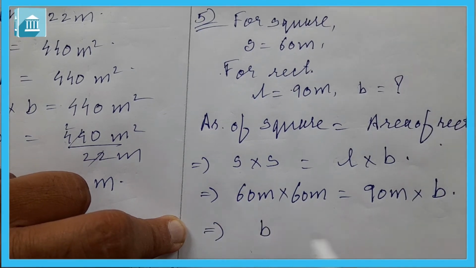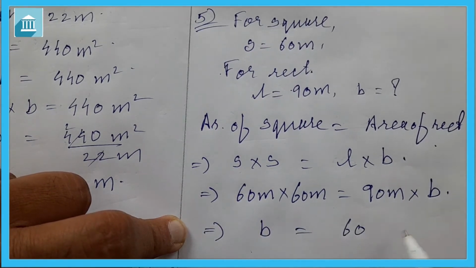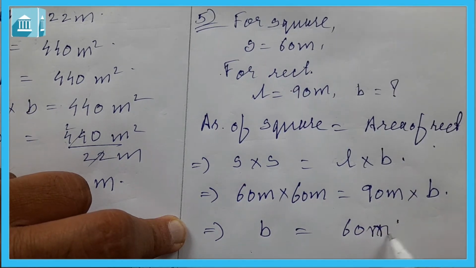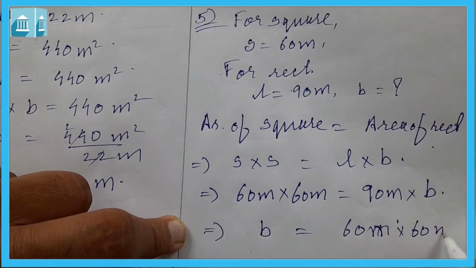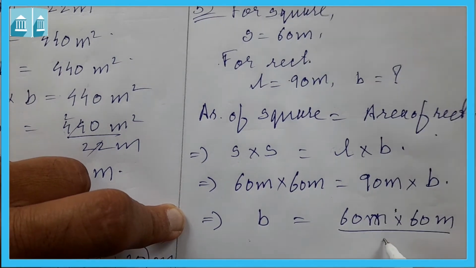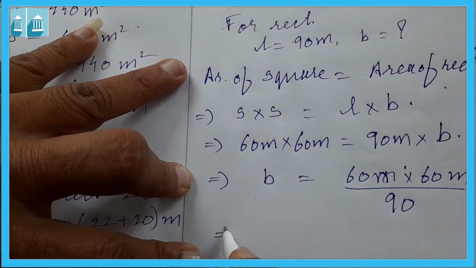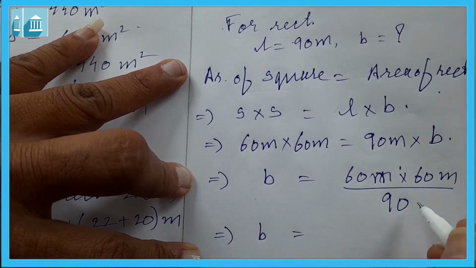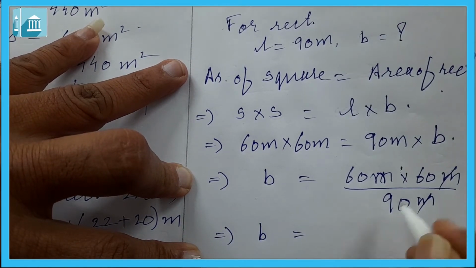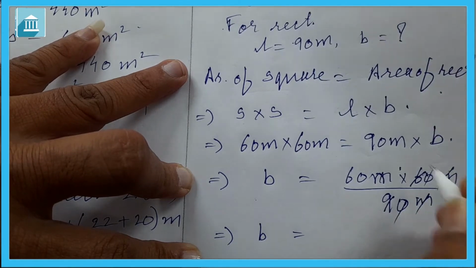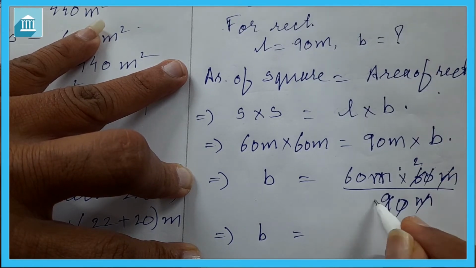So we can say that B is equal to 60 meter into 60 meter upon 90. So B is equal to 60 meter into 60 meter upon 90 meter. Cut this 0 and this 0. Here it will be 3 2s and 3 3s.